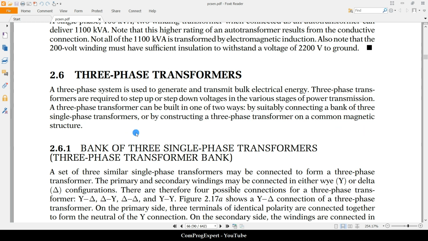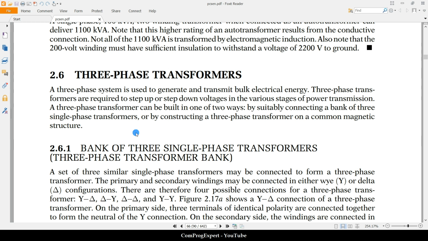Okay, so in the first method we use three identical single-phase transformers to make a three-phase transformer, or we can construct a three-phase transformer using a common magnetic core that we will discuss in one of the next subsections.